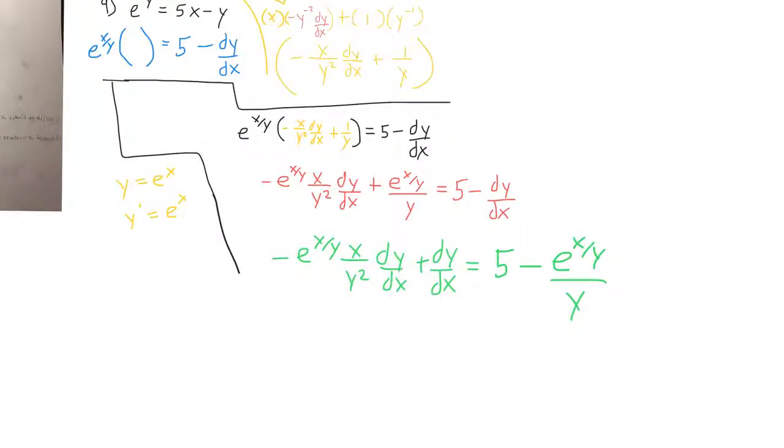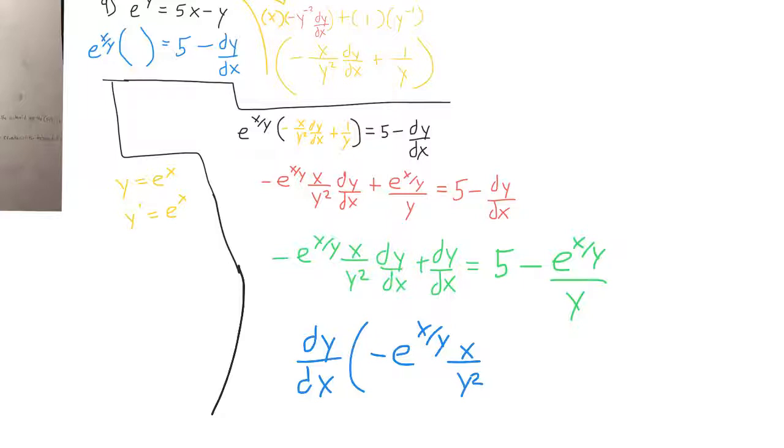And then factoring out the dy over dx on the left would give us negative e to the x over y times x over y squared plus 1. And that still equals 5 minus e to the x over y all over y.